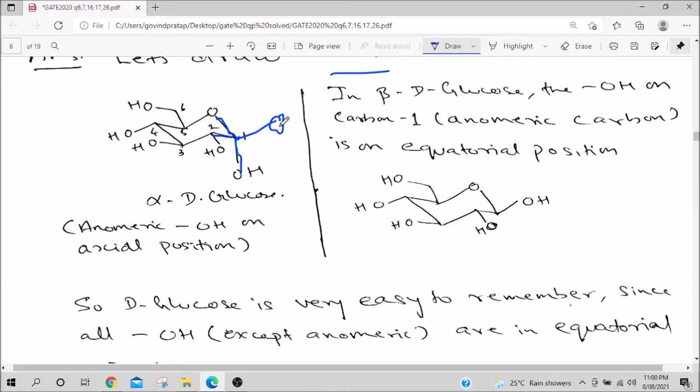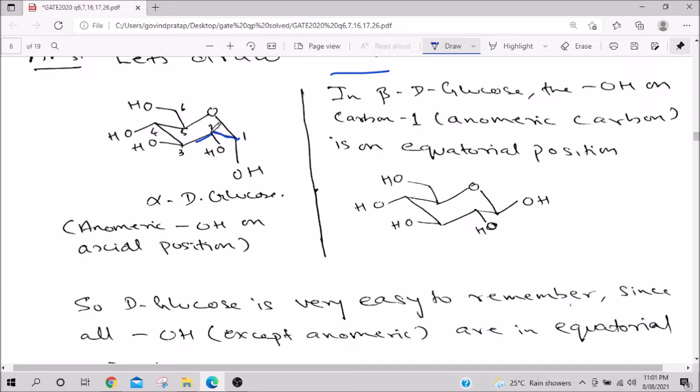Now substituents are preferred to be in the equatorial position rather than axial because axial faces 1,3 diaxial interaction. I will explain that later, we need not worry about it right now, but understand that a substituent on equatorial is favored. In glucose, all the OH are in equatorial position. See this is equatorial, this is equatorial, this is equatorial, and this is also equatorial. If you don't know, let me teach you a little bit how to draw axial. See here on this carbon number 2, this is going up, this is going up.